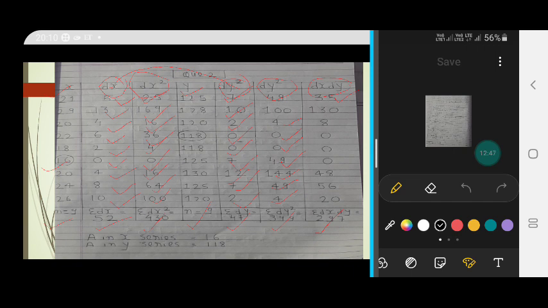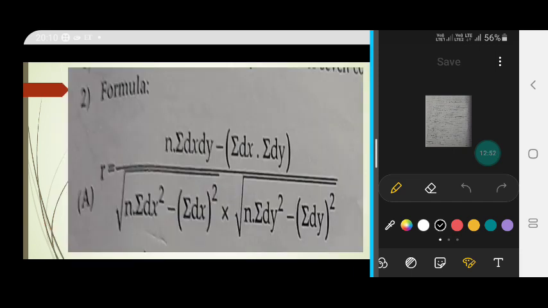Now what do we have to do? The next step is to apply the formula. What's the formula? R equals n into summation dx dy minus, under bracket, summation dx into summation dy, upon under root n into summation dx square minus summation dx whole square, into under root n into summation dy square minus summation dy whole square.